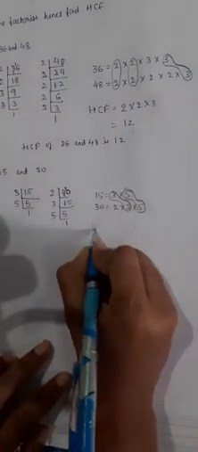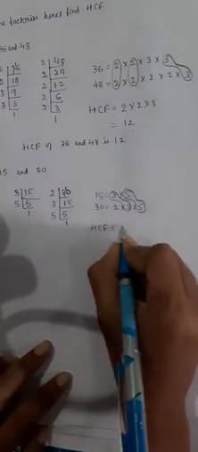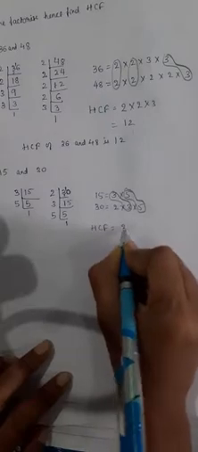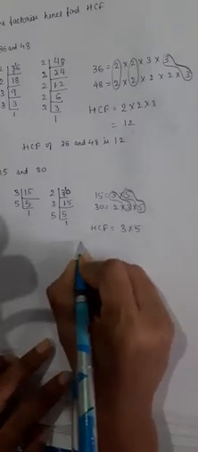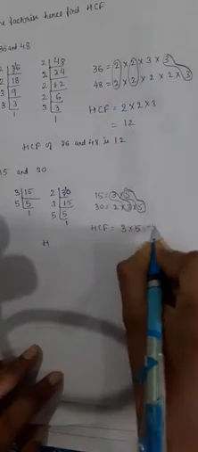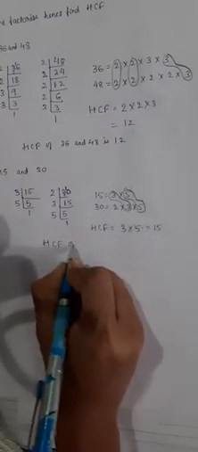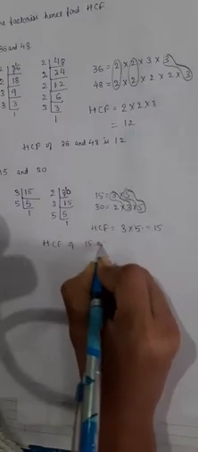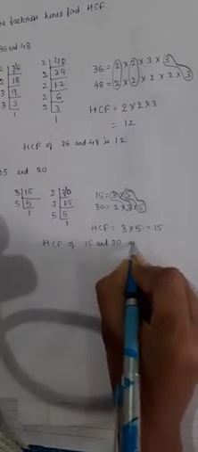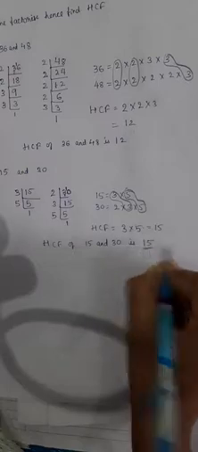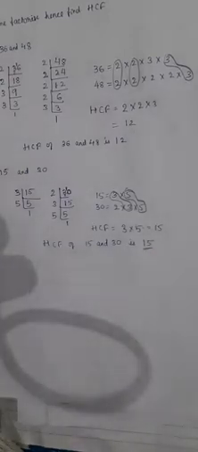So HCF is 3 multiplied by 5. That is 15, isn't it? 3 5s are 15. HCF of 15 and 30 is 15. So like this we will solve the problems.